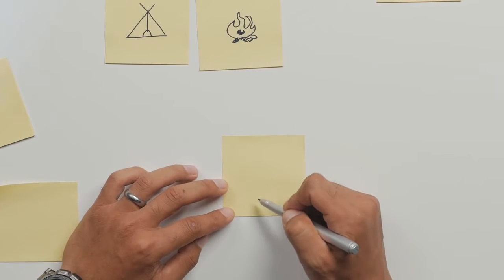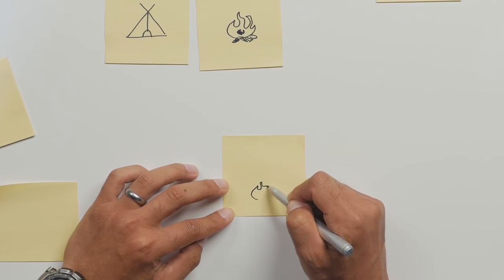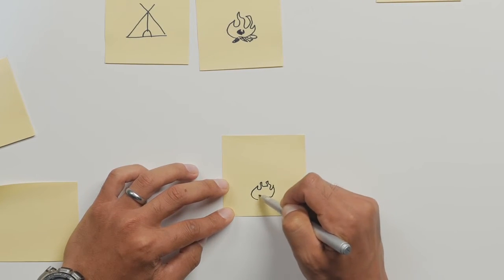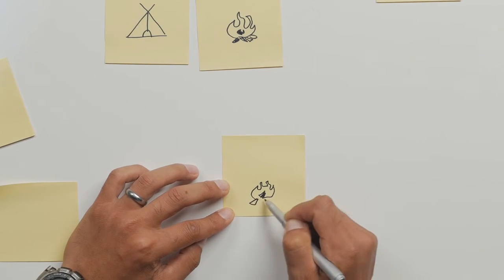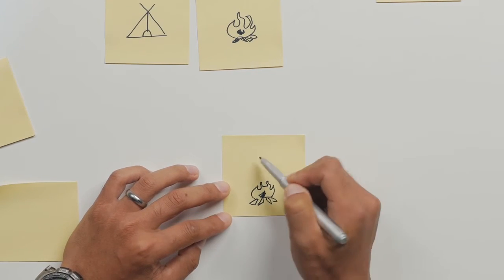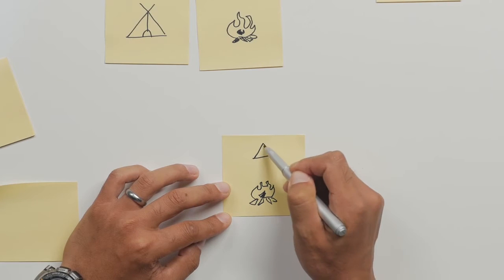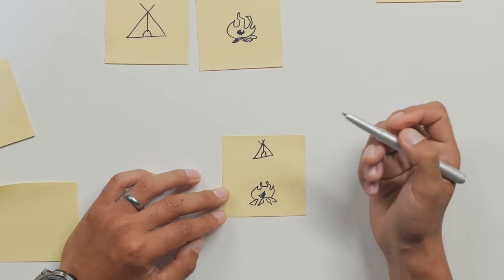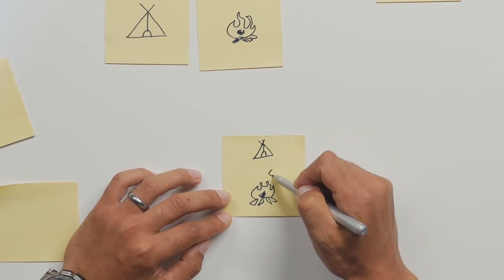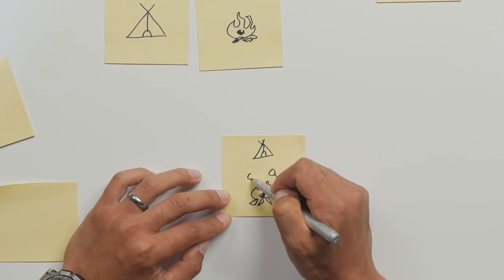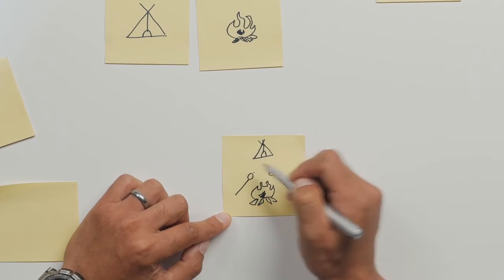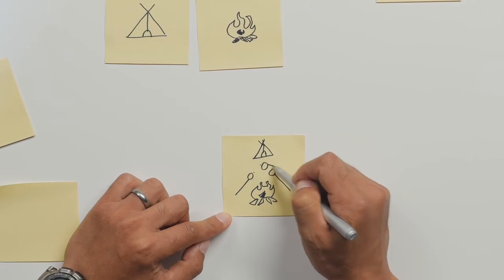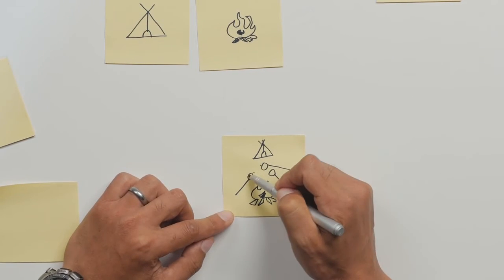Then my image will be more like campfire, maybe tent in the background. This is more like a teepee. And maybe a lot of marshmallow roasting.